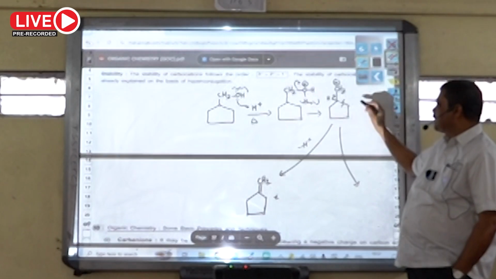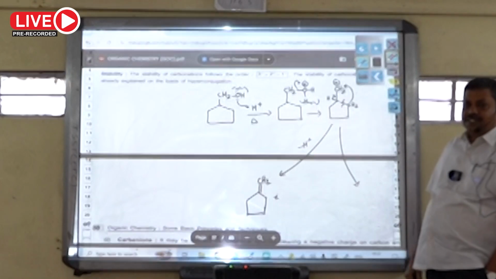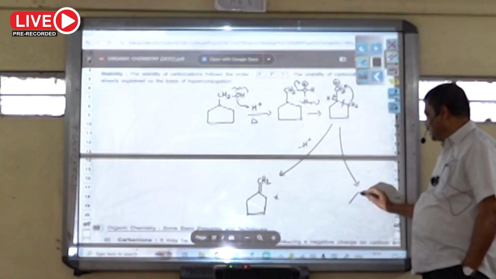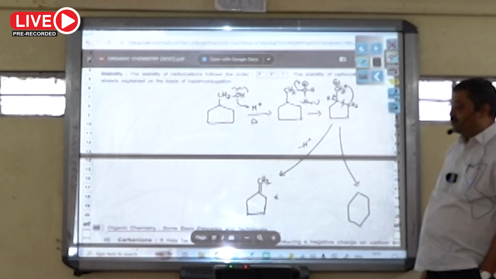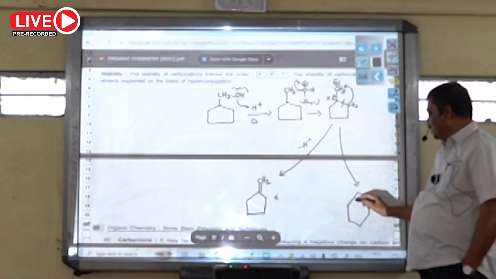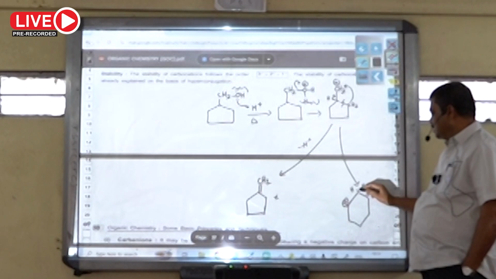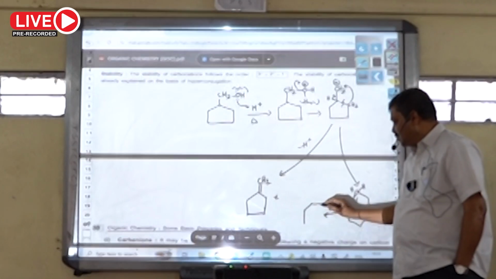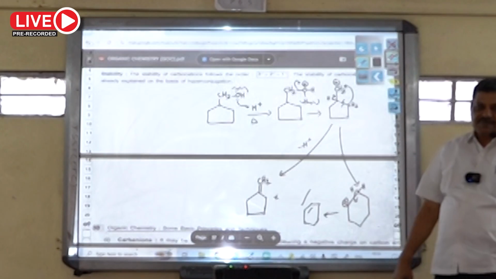What happens is, the ring breaks and one CH2 group will migrate to this. Ring expansion now. This ring expansion gives a 6-membered ring. This bond breaks, this will link, and one carbon will get a plus charge. Now one of the hydrogens will give its bond pair and you will get cyclohexene. This is the major product.